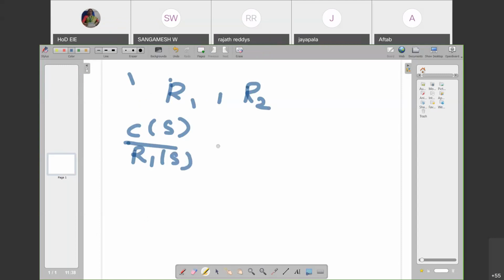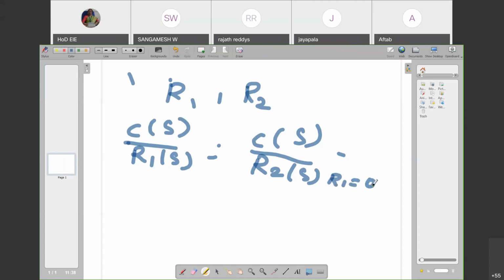Then I asked you to find out C by R2. Actually, I solved it and I don't know why it's not shareable. So C by R2 has to be found out. For that, you have to put R1 as 0. So this is what we have just seen.